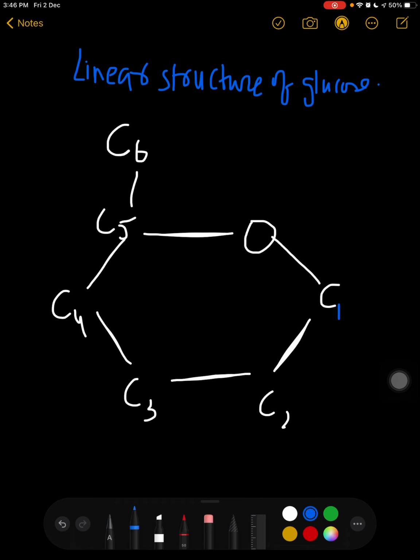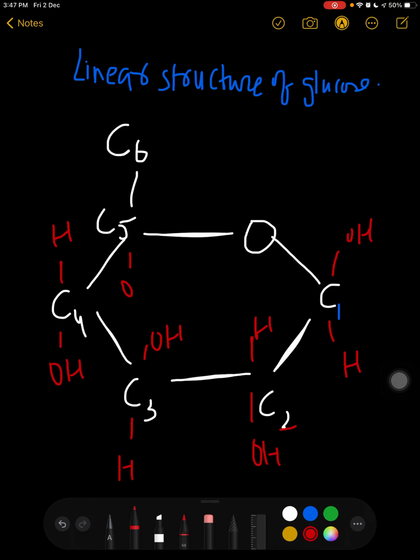We want beta glucose, so OH will come here. This is carbon 2, so here OH will come this side, here H. Carbon number 3, H will come this side, and OH, again OH over here, H, here OH, again here OH, H, here CH2OH, right?